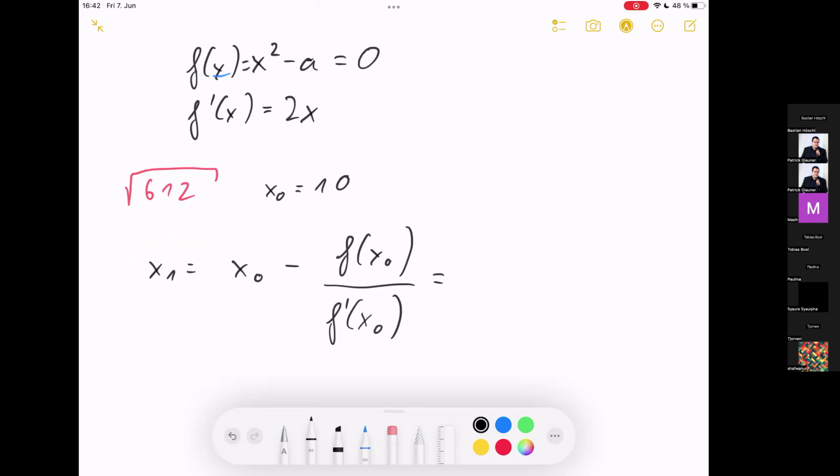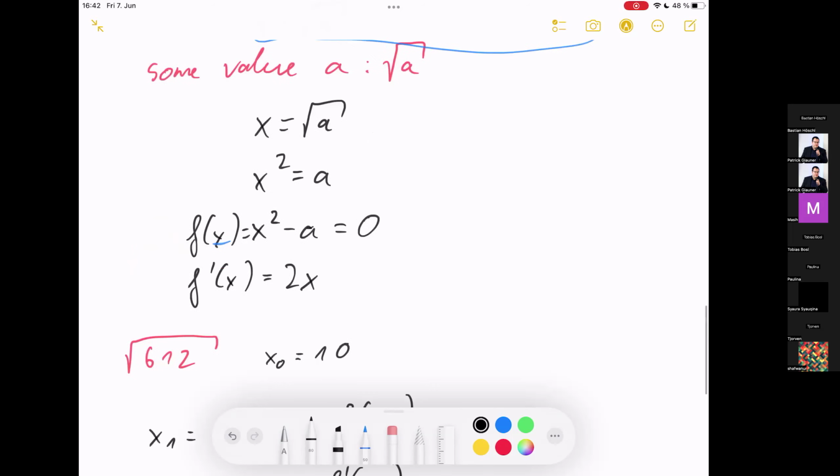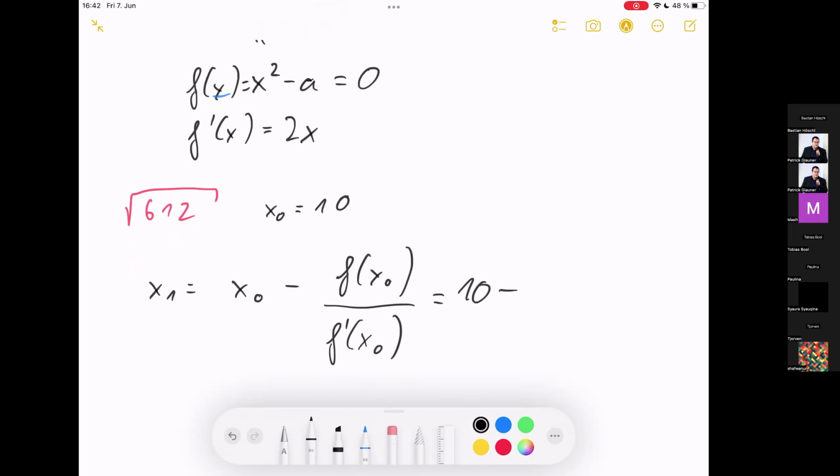So x0 is 10, and f of x is this. And so I put x0 in, and my a is the 612, because a was the value from which I want the square root.